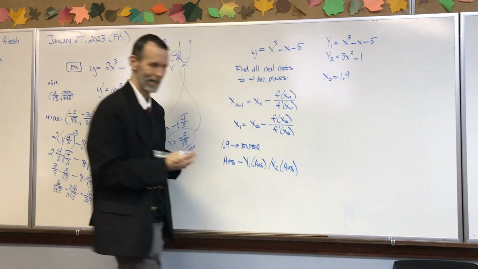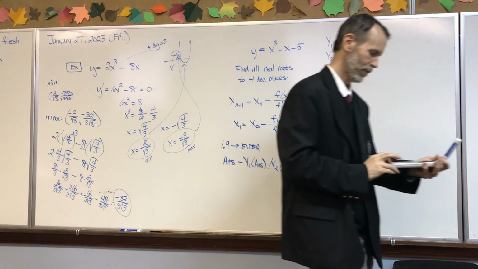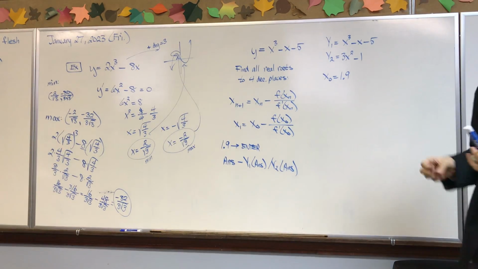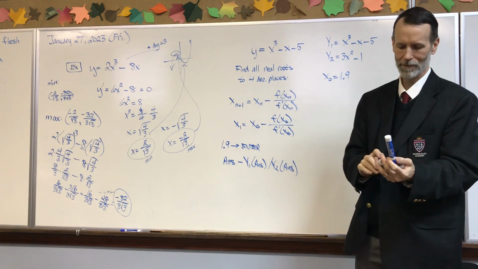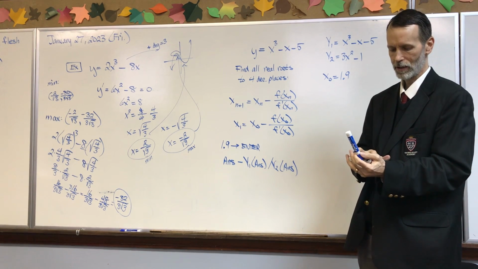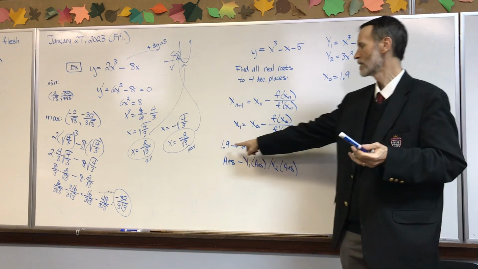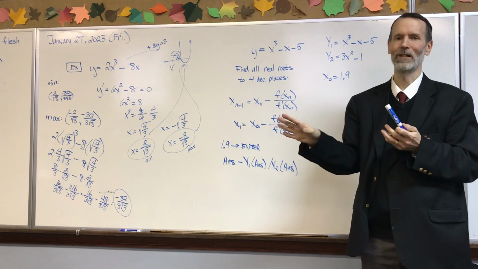It looks very cryptic, but that is the fastest way to get this. So 1.9, hit enter. It'll spit 1.9 back at you. Then call up ANS, you'll need to know where to find it, minus.